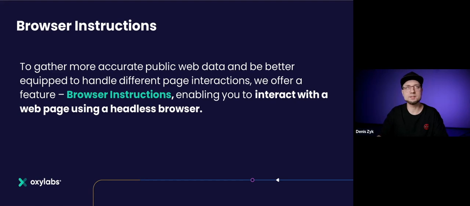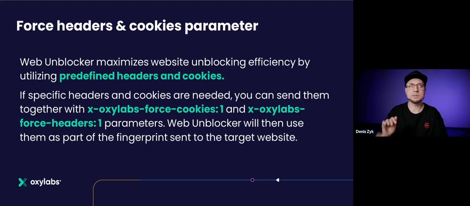It's the kind of feature where you can pass some custom instructions, and those instructions will be executed in a real browser, as if they were performed by a Puppeteer or by a real person. For example, clicking into forms, typing stuff, clicking on buttons, scrolling the page, and so on. All this is available via browser instructions.